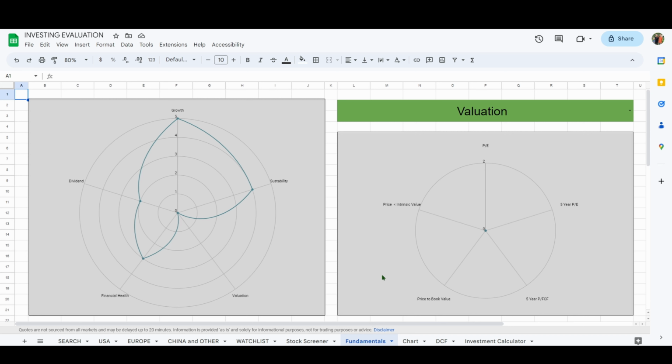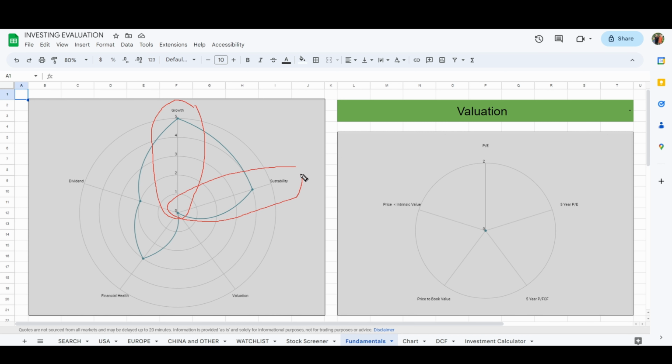Now let's go over to the fundamentals. This is still more of an experimental thing here, and it just shows you a snowflake graph of the company. I don't know what it's really called. I think it's called a radar chart. But this shows you, in terms of growth, how good is the company?